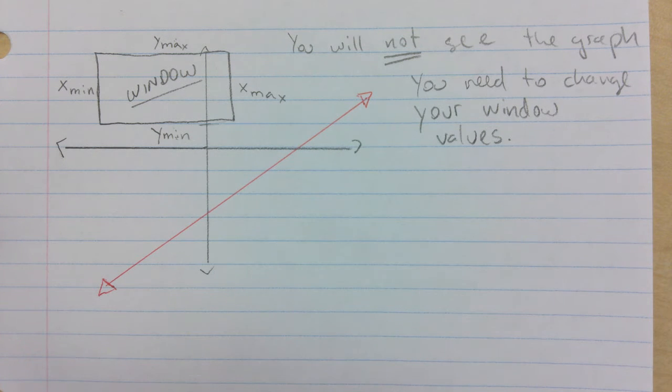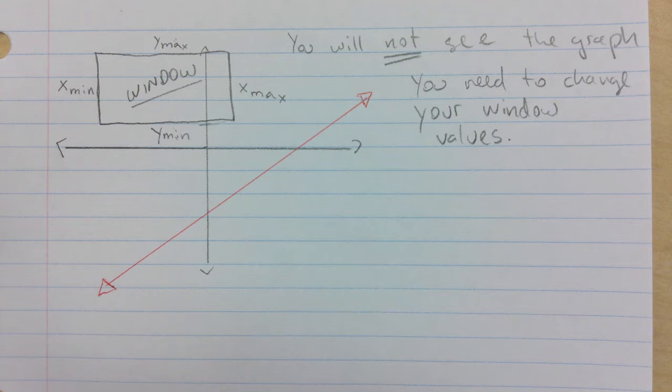Okay, thank you. So this is what the window does. So you essentially can change what you're looking at on your calculator. The line will be graphed no matter what, but these will be actual numbers that you put in for x min, x max, y min, y max. So if you have it set to here, the line is going to be graphed, but you're not going to see it.